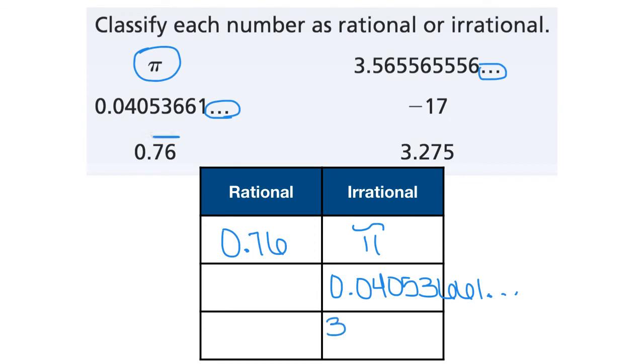So 3.565565556 is an irrational number. Negative 17 is an integer, so it is a rational number. 3.275 is a terminating decimal, so it is also classified as rational.